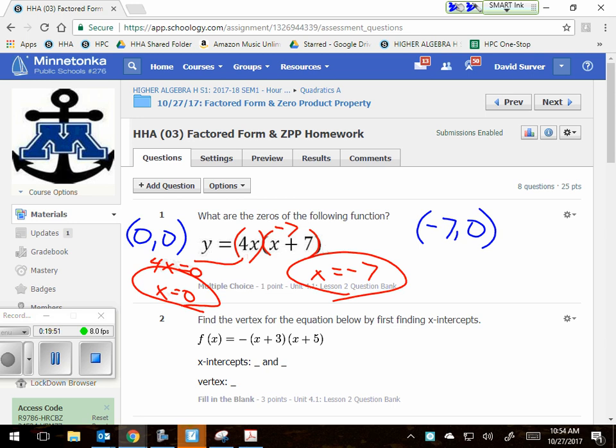If they ever ask you for an ordered pair, that's what they're asking you for. It is something comma something, okay? They're the same spots, just a different way to say it. -7 could be thought of as just x is -7, or you could think of it as -7 comma 0. Okay, so only if they ask for ordered pairs do you have to make them into points.